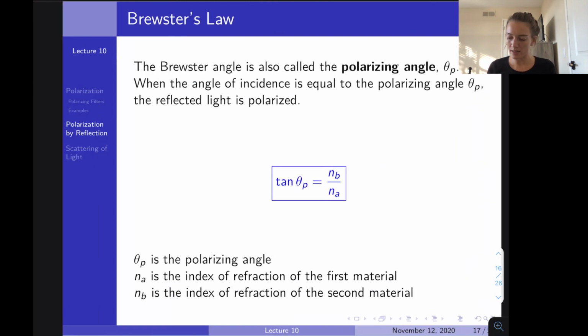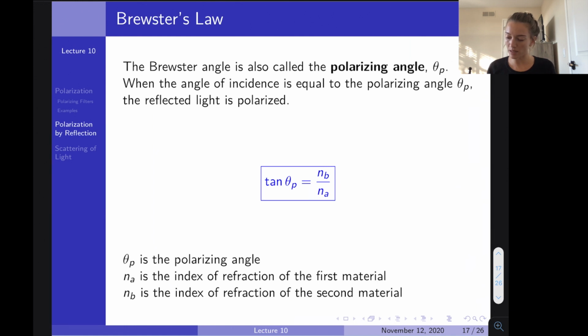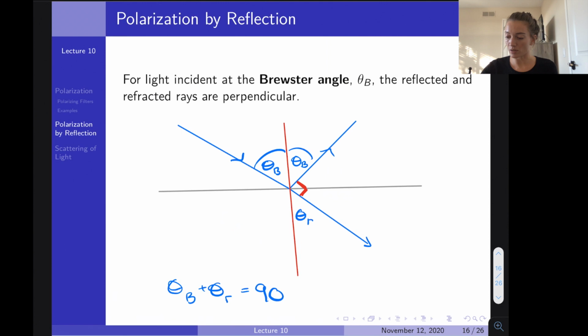So now we can write this as a formula. Here, the Brewster angle is also called the polarizing angle, and that's because when light hits some medium at the Brewster angle or the polarizing angle, it will get polarized. So your reflected light here will actually be polarized, even if you send in unpolarized light.